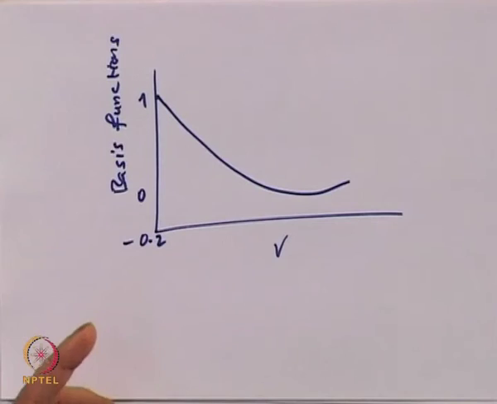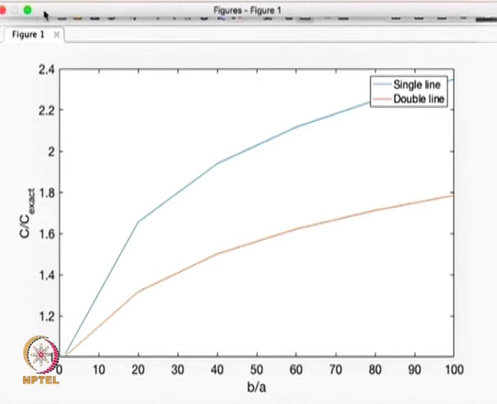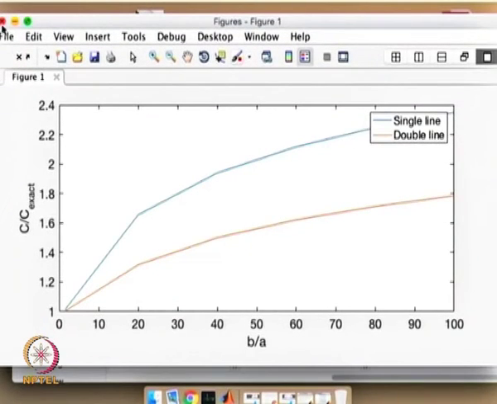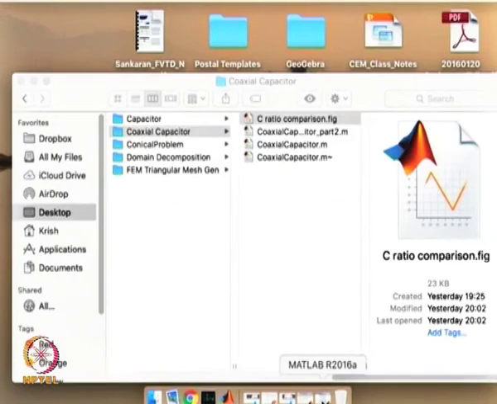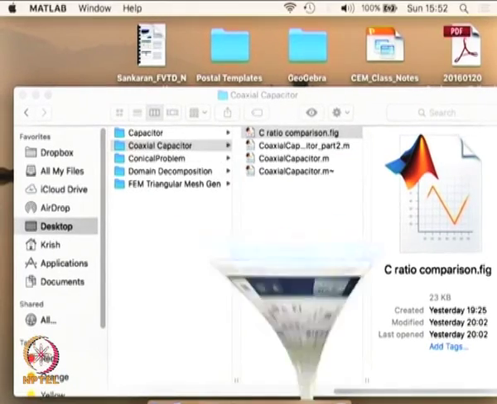So let us go into the code itself and let us see the way we have computed various parameters for the quadratic case, and let us understand how we can simulate the higher order basis functions and compute the value for our problem that we have been discussing so far. So let us go into the code.